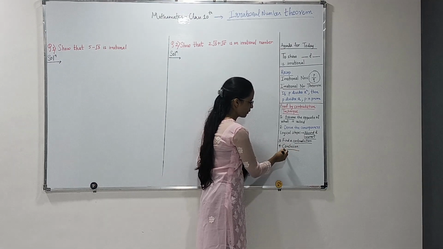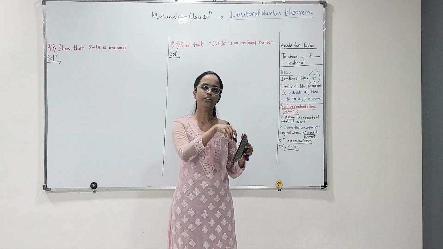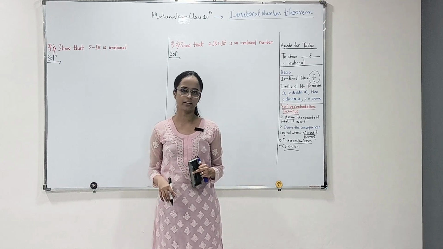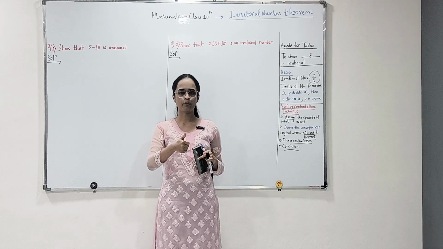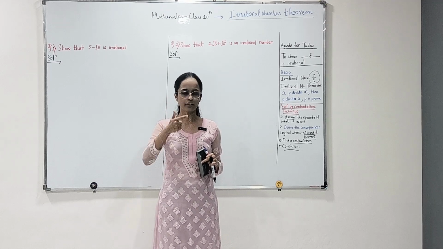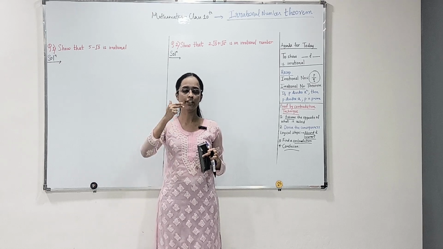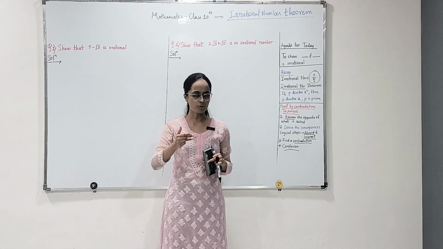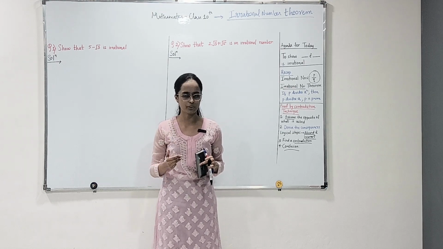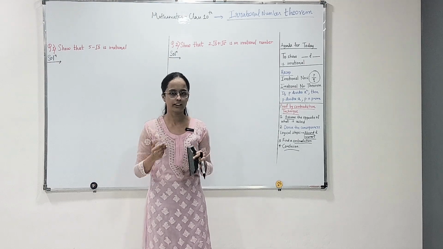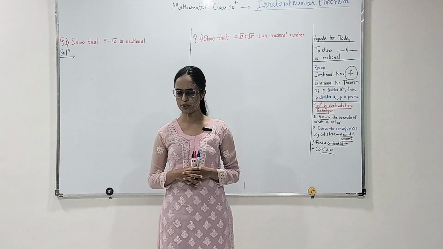And hence we can conclude that whatever we had assumed was wrong and the original given fact is correct. So again, there are 4 steps. First is assuming the opposite. Second, using it to derive certain consequences. Third, the consequences will lead you to a contradiction. And fourth, you use the contradiction and say that the assumption was wrong and hence the given statement is correct. Now let's begin with solving the problems.